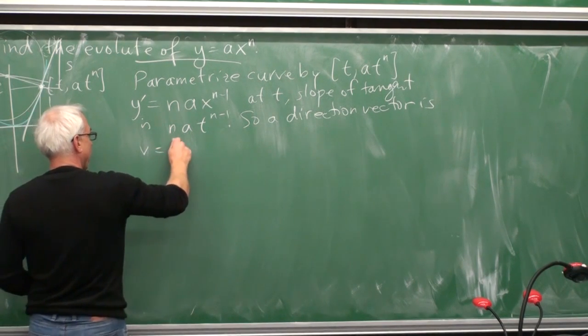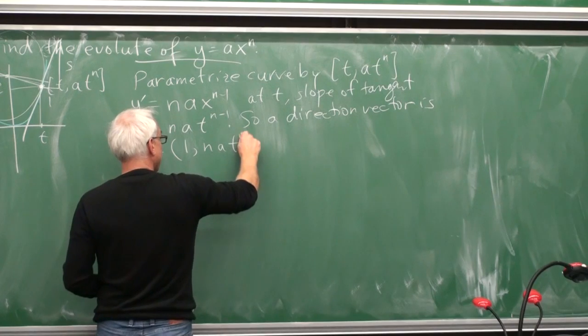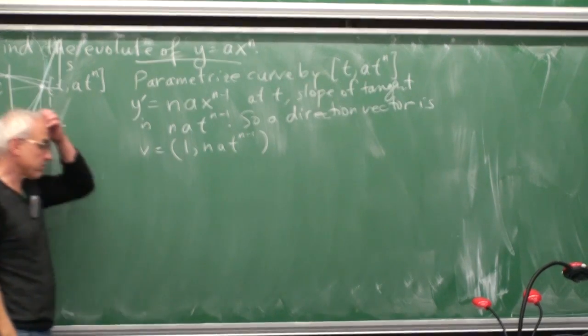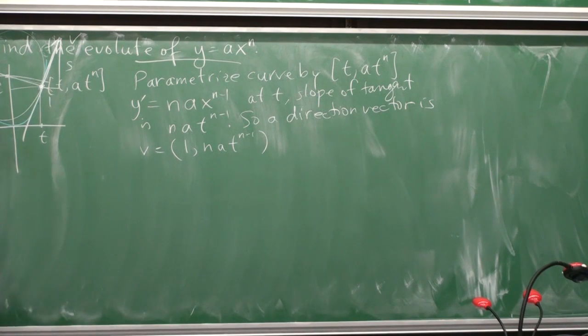Say v equals 1 comma the slope, n a t to the n minus 1. That's that vector there that I'm drawing, v. So that's a vector in the direction of the tangent, which is of course perpendicular to the normal. And that's the best thing that you want in order to write down the equation of the normal, because you want to write down a line in terms of its normal.